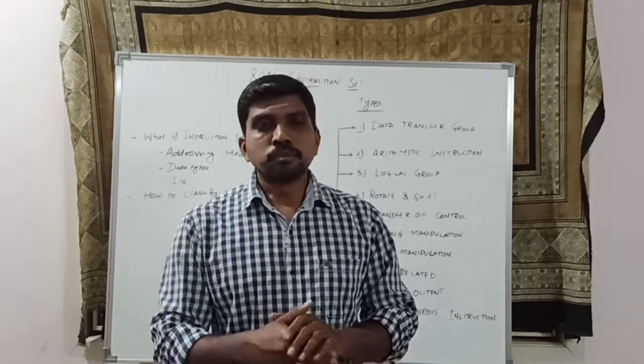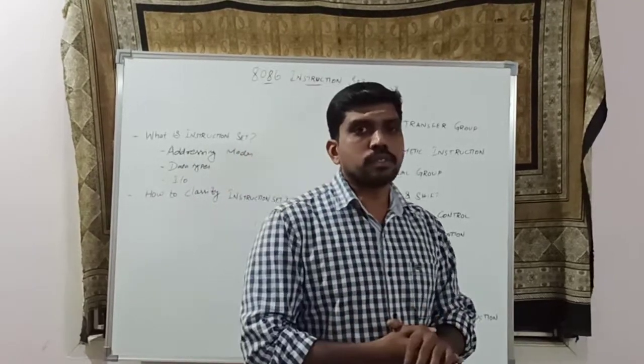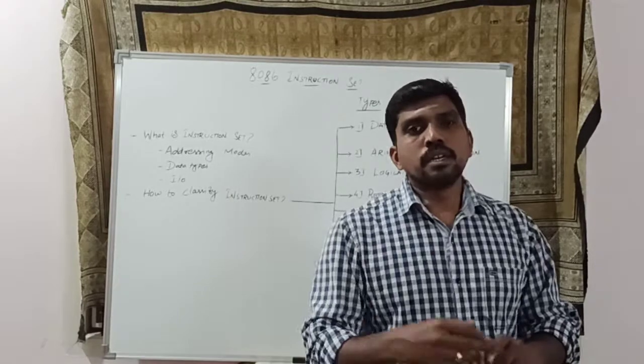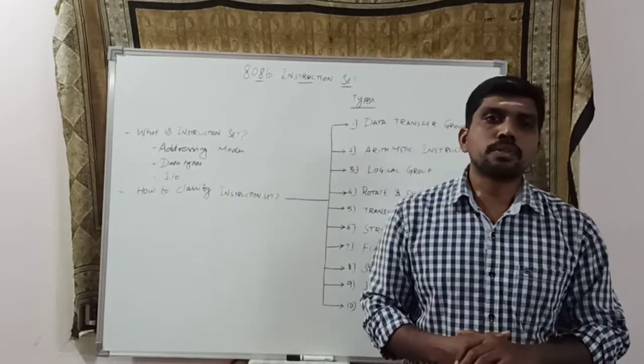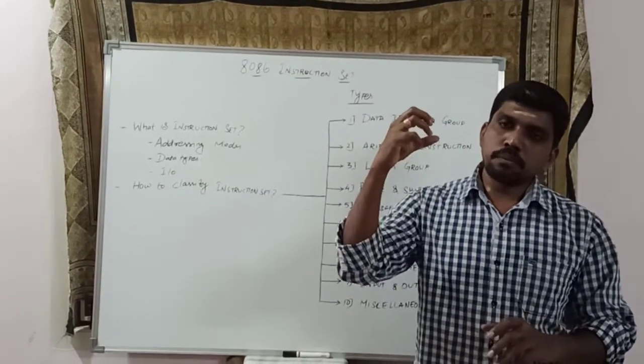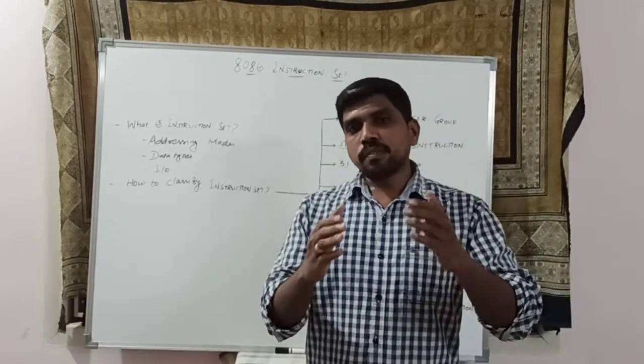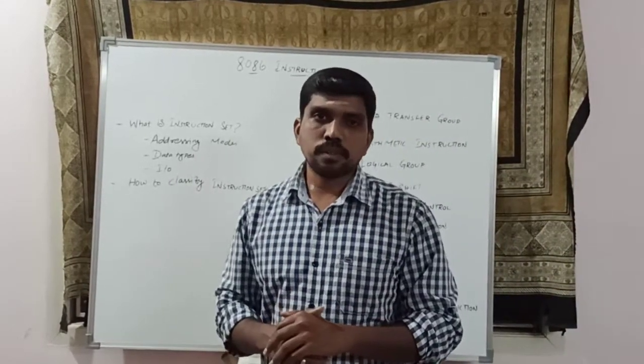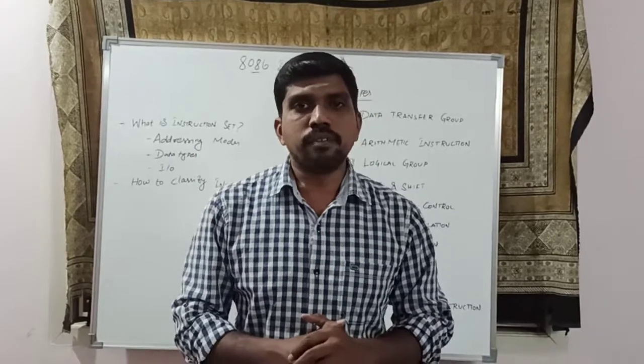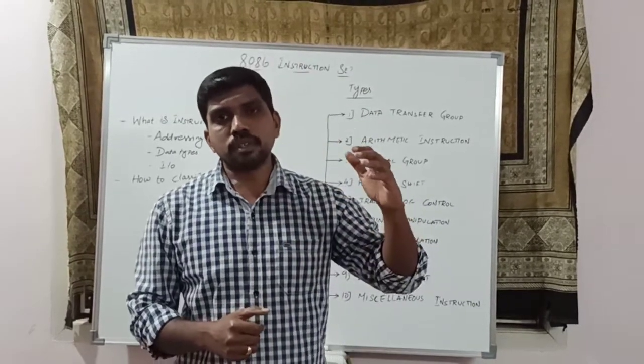For example, suppose you are performing the addition function. After the addition function, there are two possibilities for the result: the carry value produced or no carry. Suppose after addition I am using the JC instruction. It checks the carry value. Is there any carry produced in the addition function?